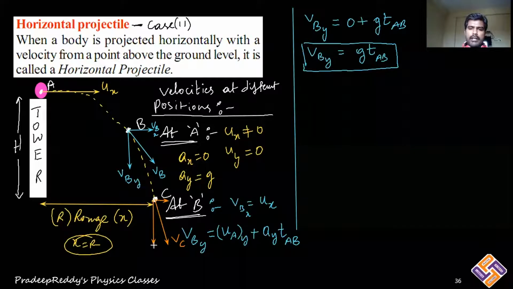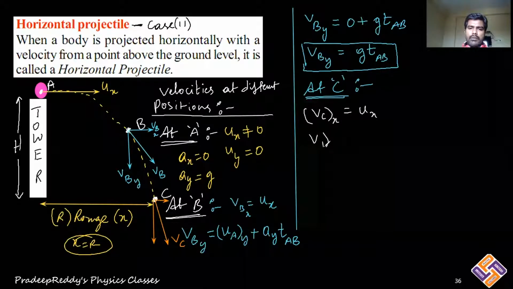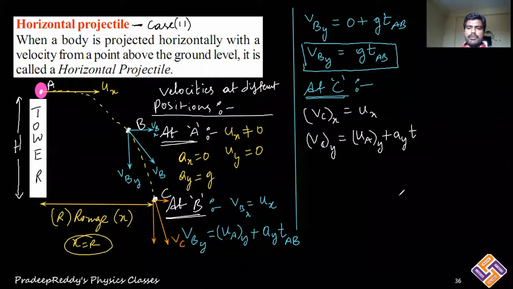So I'll write them down at C. Velocity at C along x-axis will be equal to initial velocity, that is same as it is at A, B, C, and velocity at C along y direction is equal to velocity at A along y direction plus acceleration along y direction into time taken to travel from A to C.